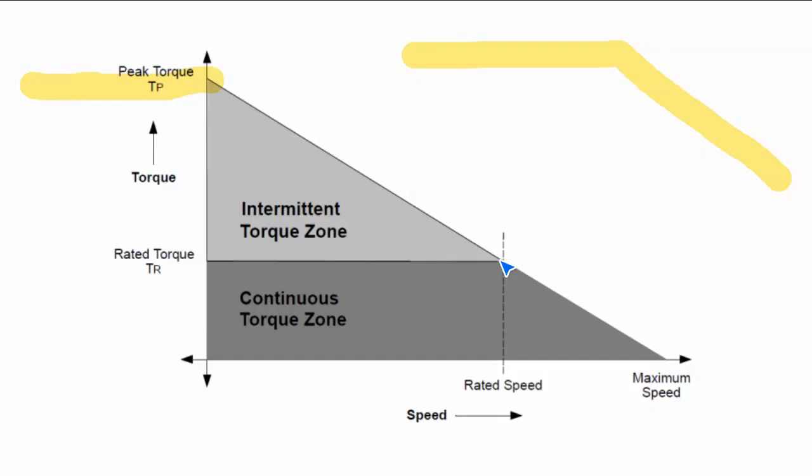This is my high efficiency working point. At this point, my efficiency will be low. At this point, my efficiency will be low. This is the rated point. At the rated torque and the rated speed, we are focusing on the rated value. This rated value means the high efficiency working point.